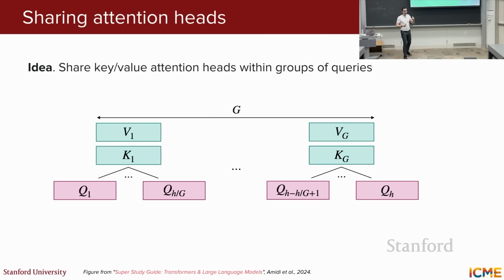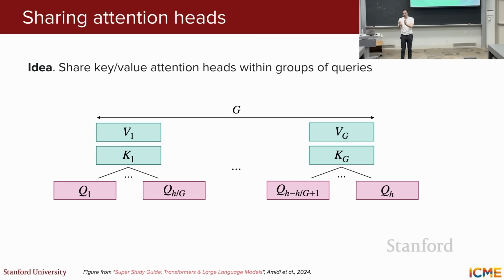But one of the core reasons why we choose to group projection matrices for the keys and the values and not the query is because when you decode, you perform attention between the current word and all the words before. Every time you generate a new word, you attend that word to all the words before. So the keys and the values come up a lot.